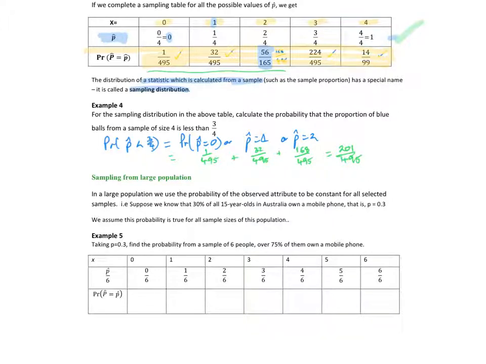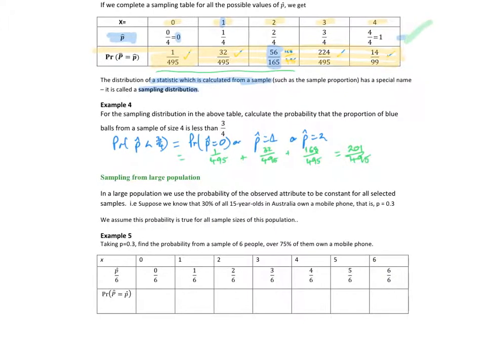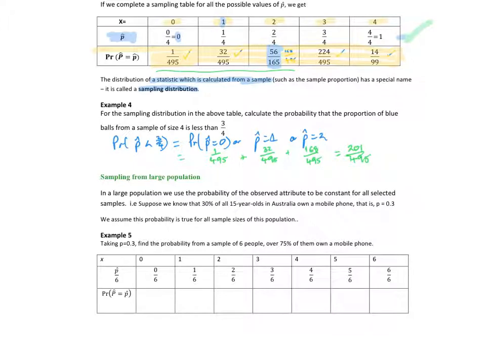That is, the proportion of people that own a phone is 0.3. Now, if I randomly select one of the students out of that population, and so I've got one less person with a mobile phone in the population, it's not going to change the proportion. Whereas in the previous example, if I took one blue ball out, it was significantly less likely to get another blue ball. When I'm looking at a large population, the probability is constant.